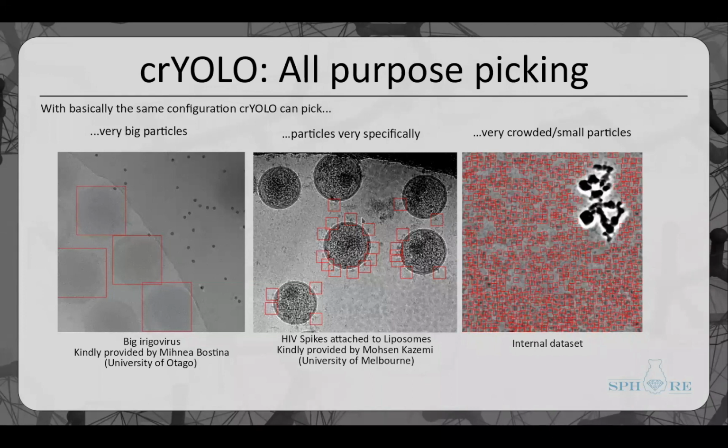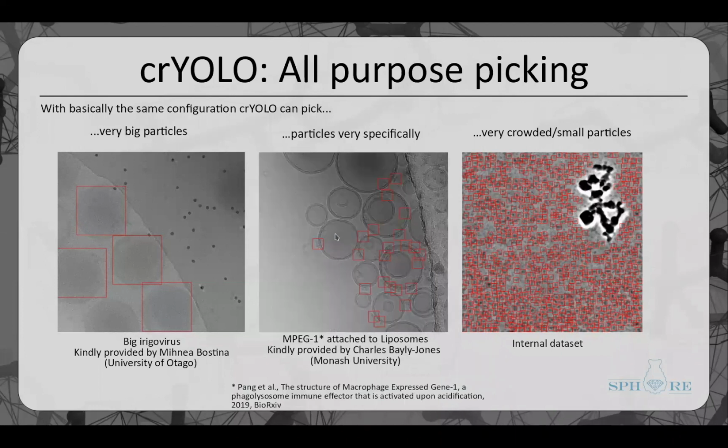Or you might want to train a model that picks particles very specifically, like here the model picked HIV spikes that were attached to liposomes, or a similar example where it picked MPGs attached to liposomes.